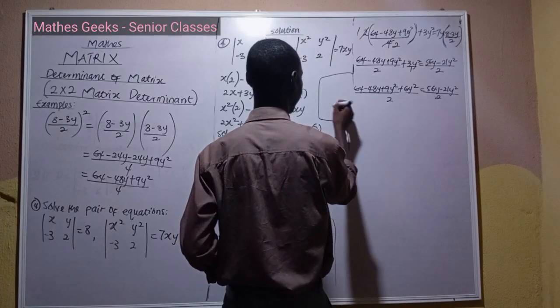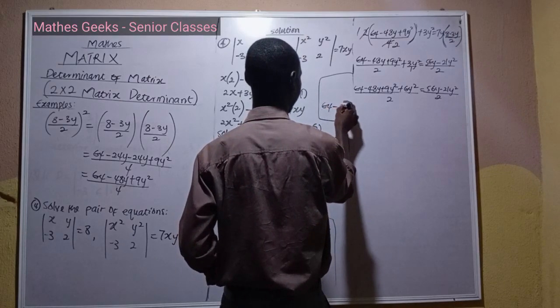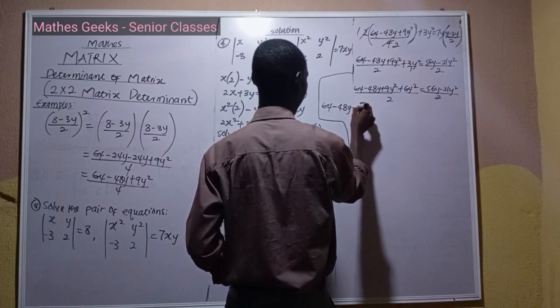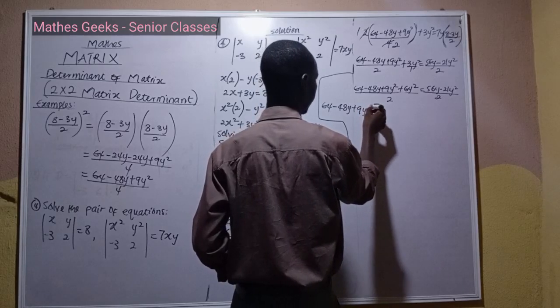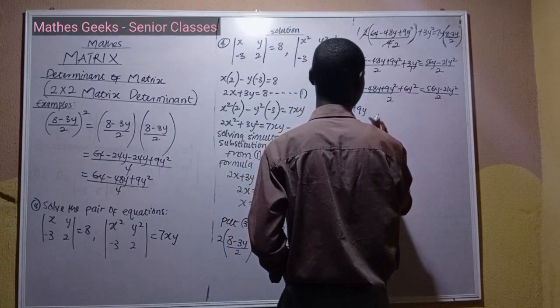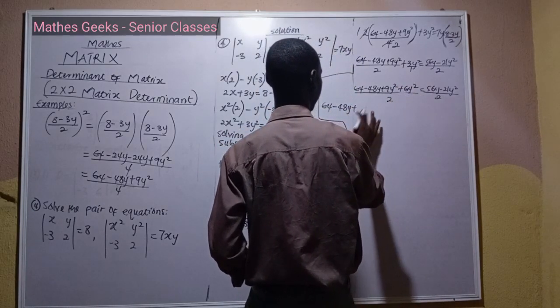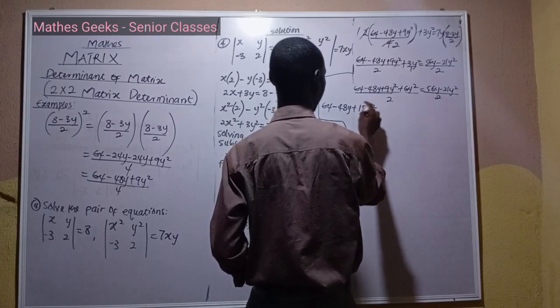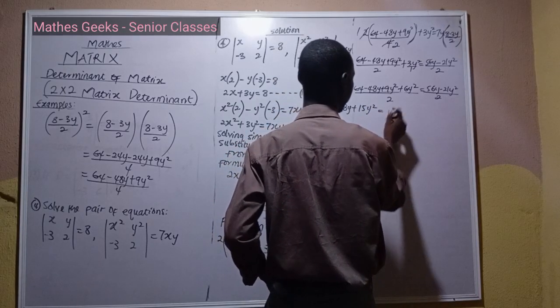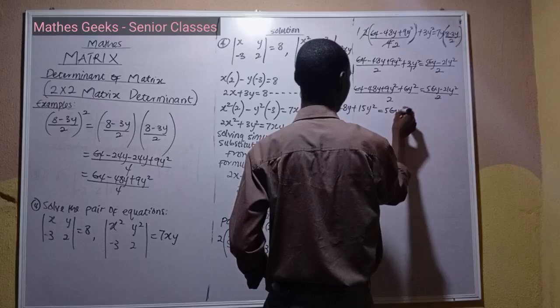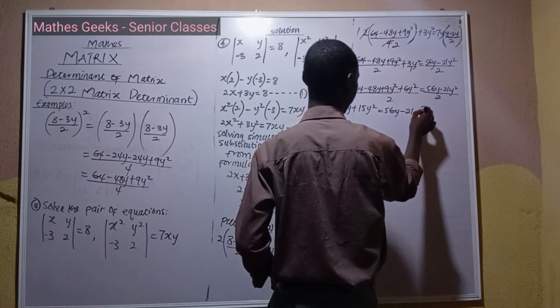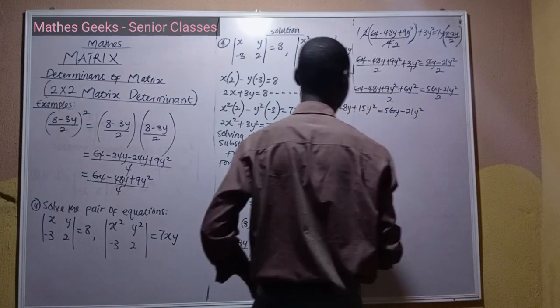So we're going to have 64 minus 48y plus 9y squared. 9y squared plus 6y squared will give us 15y squared, plus 15y squared is equals to 56y minus 21y squared.